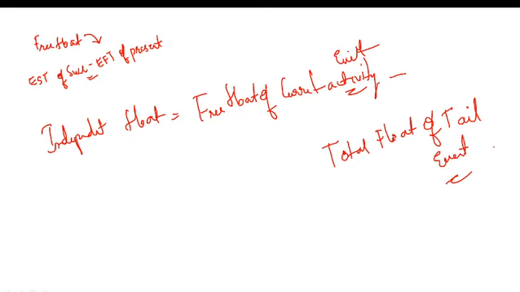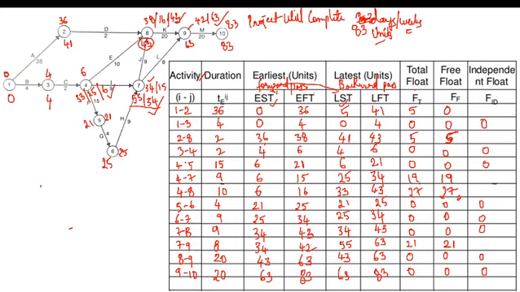Through this logic we will find the independent float. Independent float will not be greater than free float. So for activities whose free float is 0, independent float will also become 0. If you find any, you can keep those values as 0.